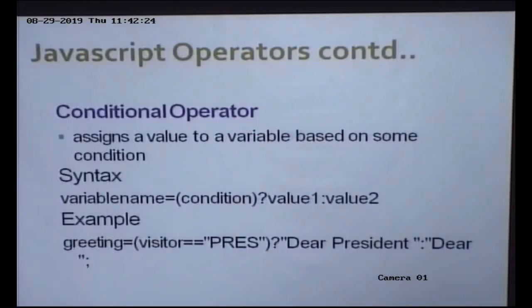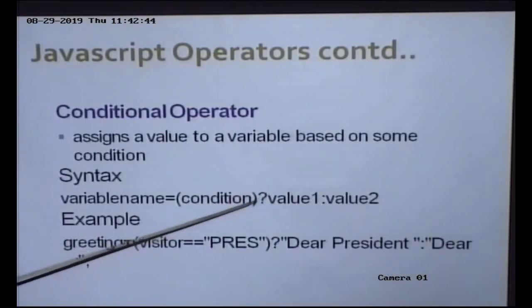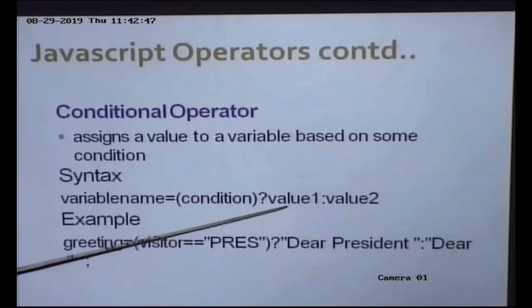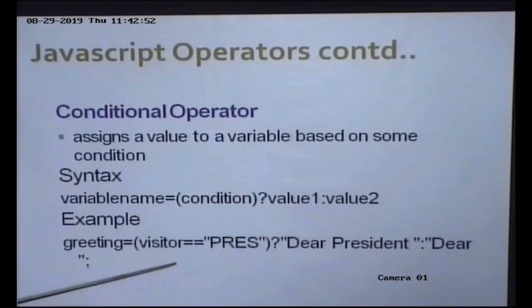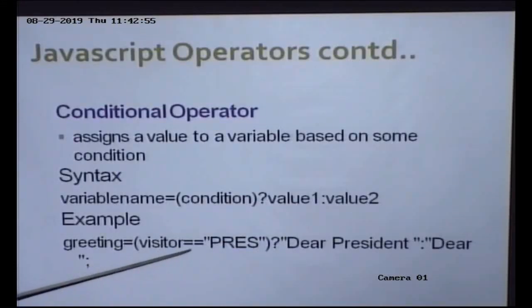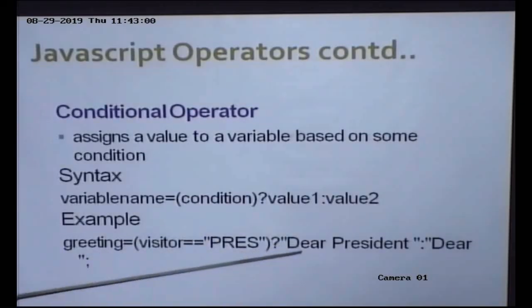Next is the conditional operator, with the question mark and expression value 1 and expression value 2, which has been used in C. The same thing can be defined in JavaScript too. See here, based upon the condition, if the condition gets satisfied, it will go to the first value, value 1. If the condition becomes false, it will move to value 2. Example: if the visitor is equal to "pres", then it moves to the first value, that is "Dear President".